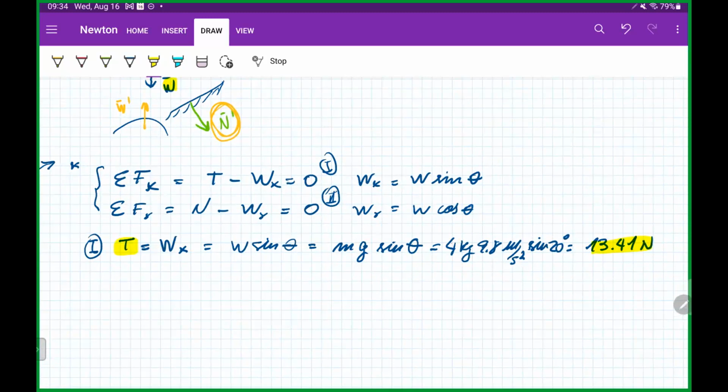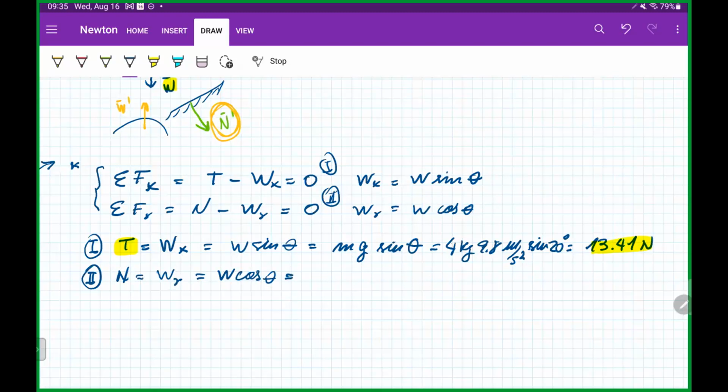Okay. So the tension is basically balancing with the x component of the weight. And from equation 2, we can say that the normal is equal to the y component of the weight, which is weight cosine of theta.